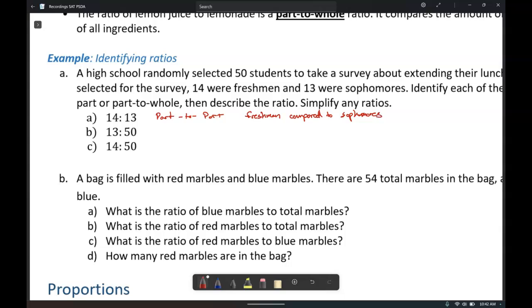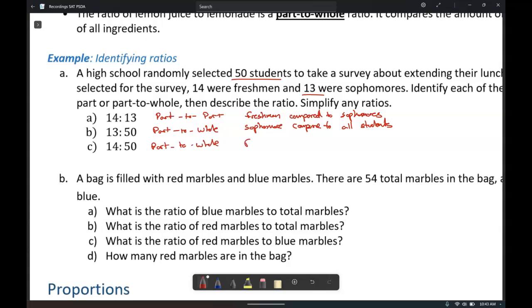Next one is 13 to 50. Well, again, 13 is the number of sophomores, and 50 is all of the students. So that is a part-to-whole relationship. That is the number of sophomores compared to all students. 14 to 50, again, will be another part-to-whole.